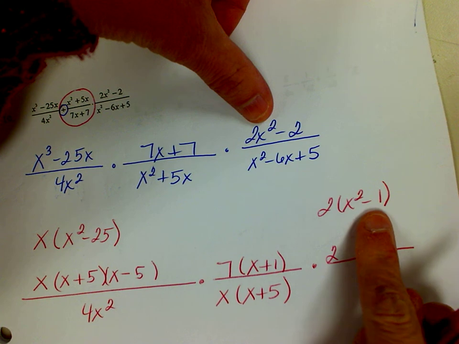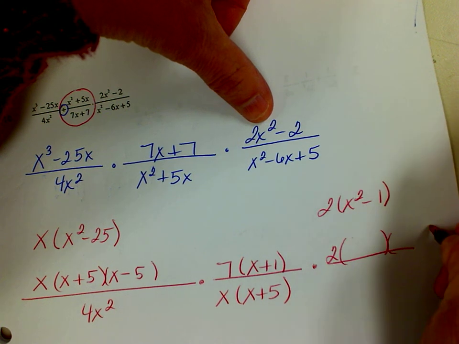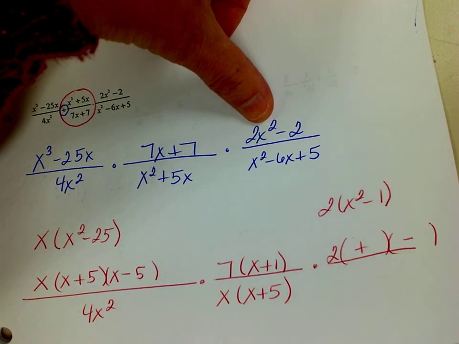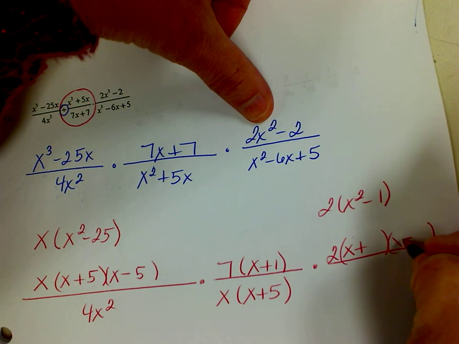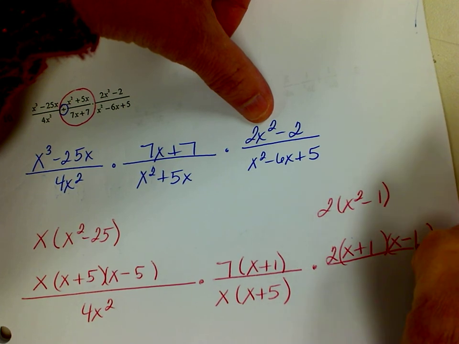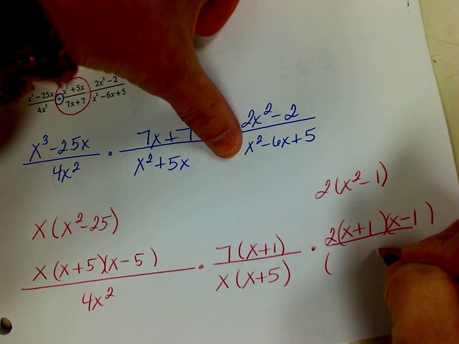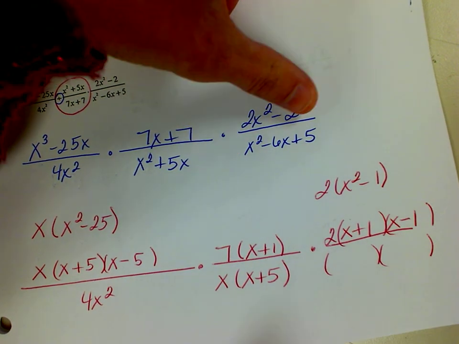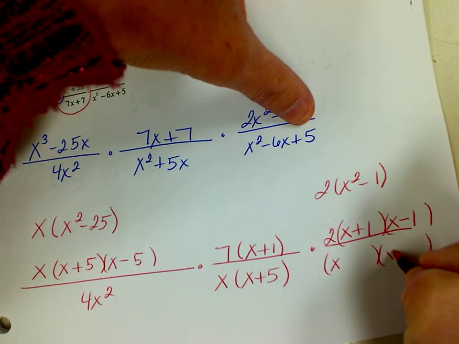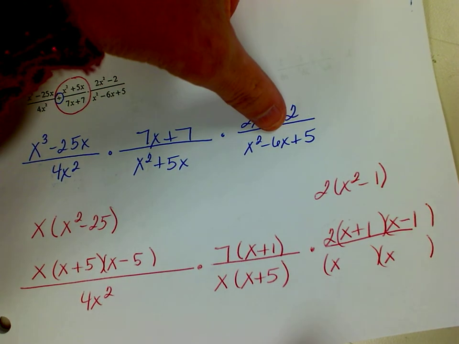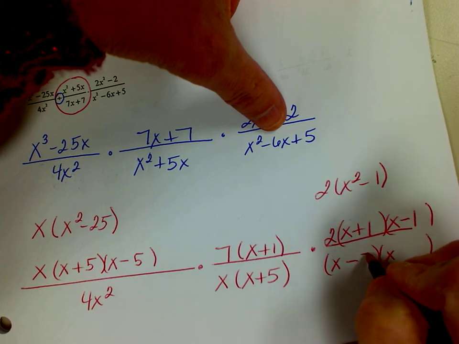Got a difference of perfect squares. So signs are going to be different. X times x is x squared. 1 times 1 is 1. And then down here, I have a trinomial. There's nothing I can bring out. 2 numbers that multiply to get 5, add to get negative 6. That's going to be negative 5 and negative 1.